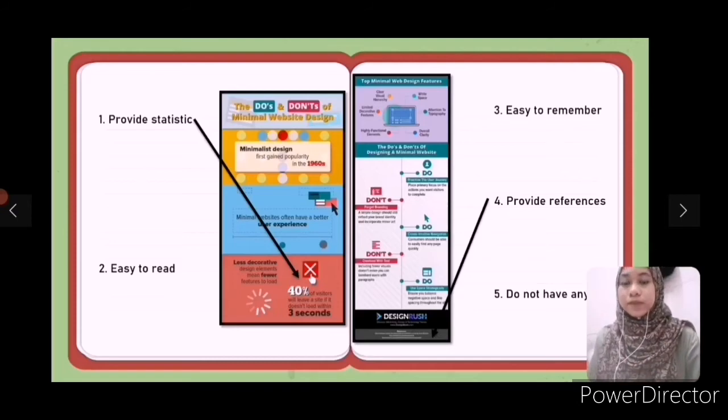Last but not least, for this infographic, we agree it does not have any errors regarding the content and regarding the design. All of the content and all of the design is well created, and we are all satisfied with the content of the infographic. That's all for my part. Let's go to the next part.